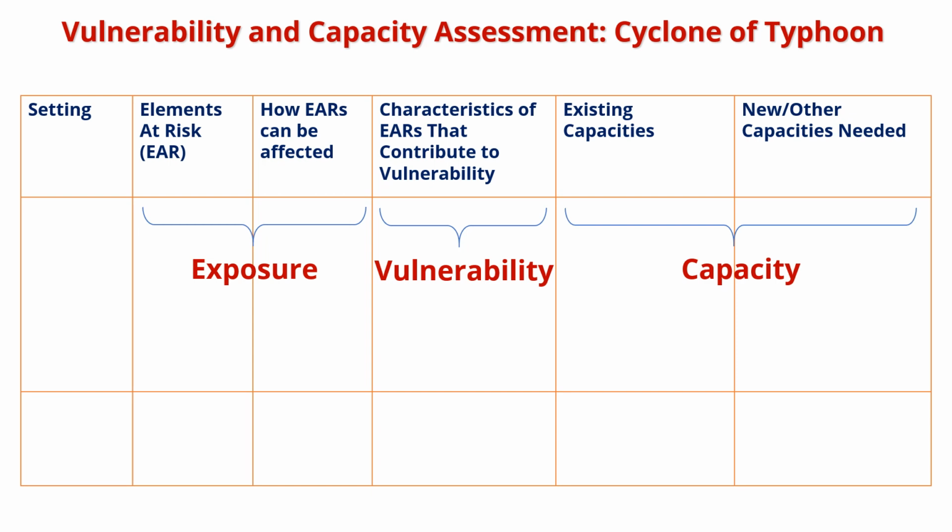After that, we need to identify the capacity gaps. The capacity assessment should also identify any gaps or weaknesses that might limit the community's ability to manage risk. This could be a lack of necessary resources, skills, or knowledge, or it could be structural issues like poor infrastructure or governance.